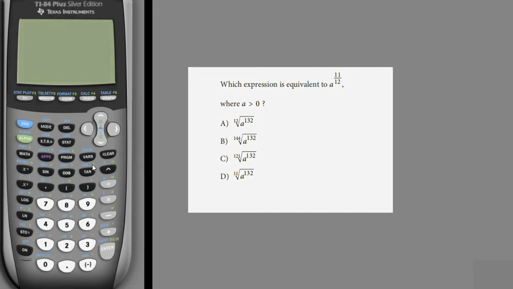To bring this out on the calculator, we are going to go to math, scroll down, and make use of this option 5.